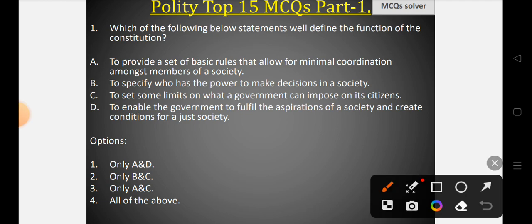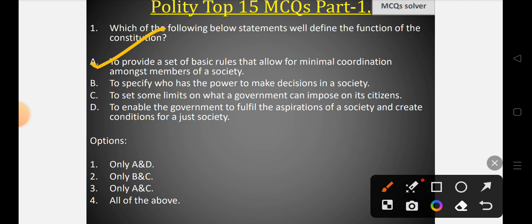So the correct option of this question will be, so when it comes to the definition of the Constitution, of course the Constitution contains a set of basic rules which provide minimal coordination amongst the members of society. So statement A is correct.